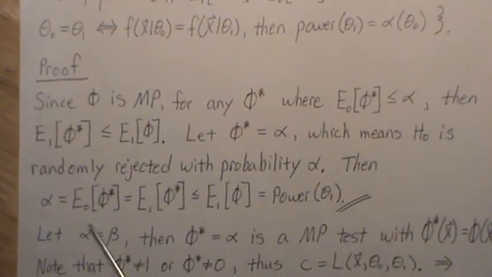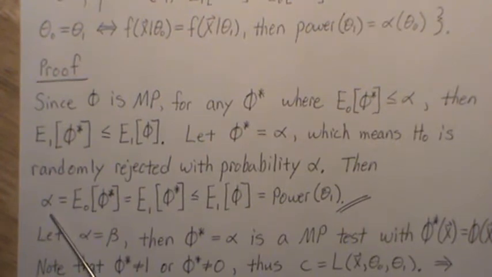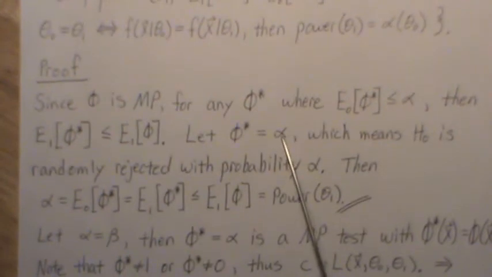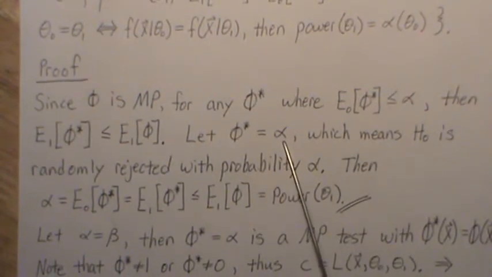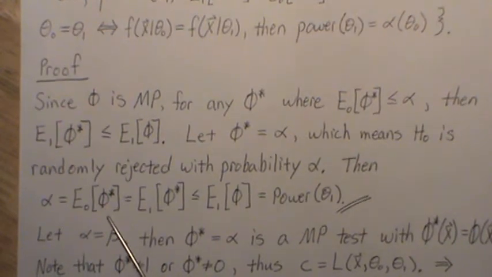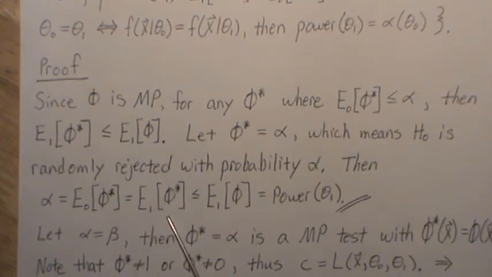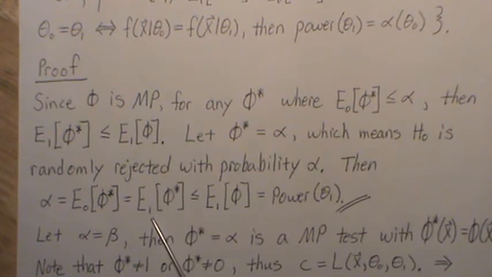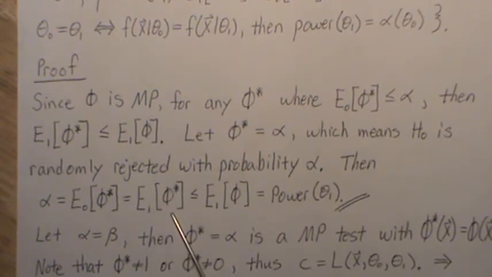Now notice then alpha, which is equal to the expected value of phi, right? There's no random variable here, so the expected value is itself. That's what we're saying here. But that's also equal to the power. So under the alternative, what's the expected value of phi?